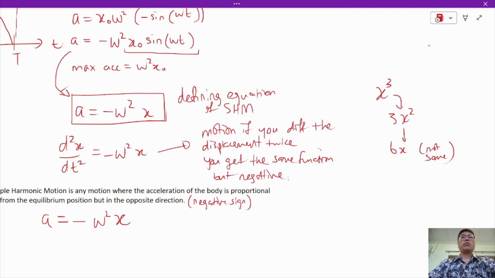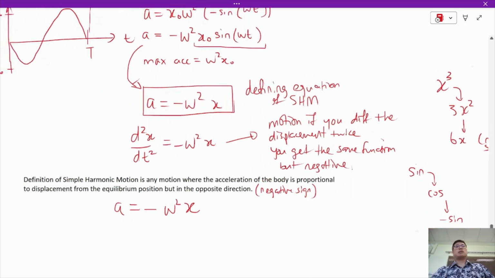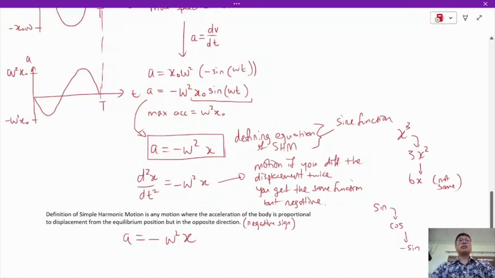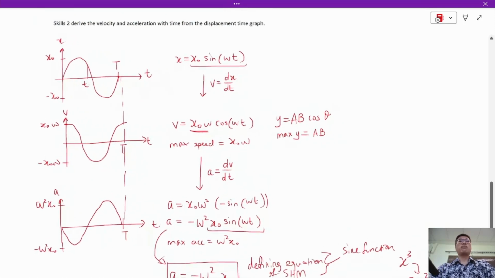But really, the function that you can differentiate twice and get the same function, but negative, is a sine or cosine function. So the defining equation of SHM tells us that it is composed of a sine function. If you differentiate the sine function twice, you'll get the same function, but in a negative direction. Okay? So that's it for simple harmonic motion for the first part.